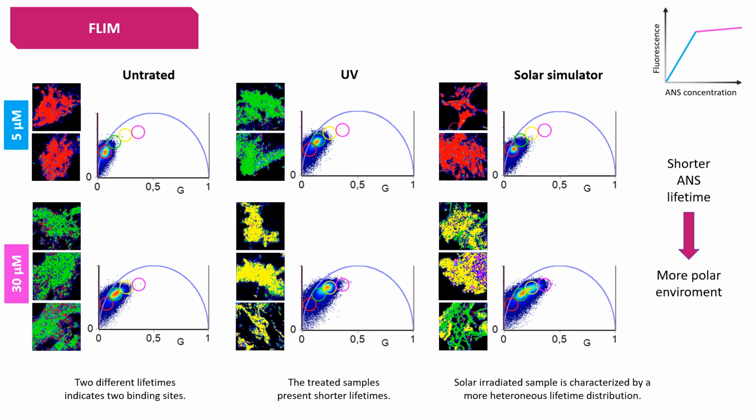So the solar radiation only affects the second binding site, the one characterized by less affinity.